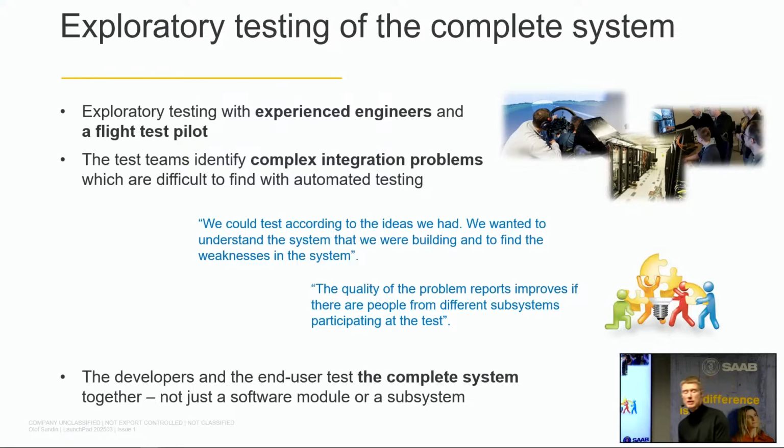So when the engineer goes back to his desk, he has not just a vague description of the problem, he has almost the solution, or at least the root cause. So the developers from different development teams test together with an end user representative, a flight test pilot, and they test the complete system, not just a module or a subsystem.